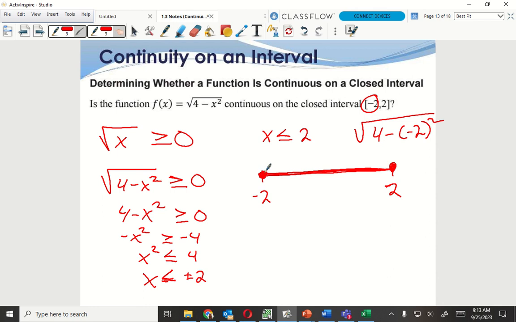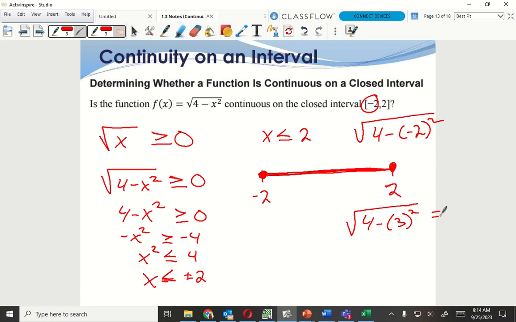So do I have anything in here that it cannot be within this area from negative 2 to 2? No. I don't have anywhere, but if I were to have something outside of that interval, can I plug in 3? If I plug in 3, we get 3 squared is 9, right?